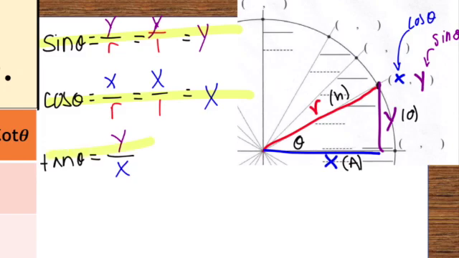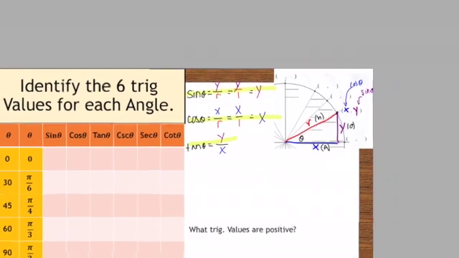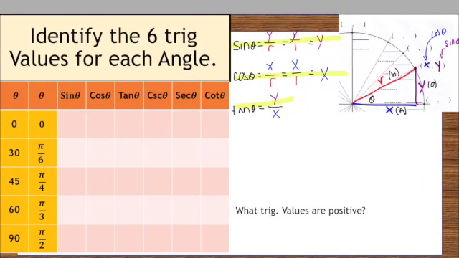Now we've got these three formulas to help us out. I'm going to write them on our table over here, where we're going to find the 6 trig values for every angle in the first quadrant. It's going to sound like a lot of work, and it is a bit of work, but it's not that bad. So let's first label these.